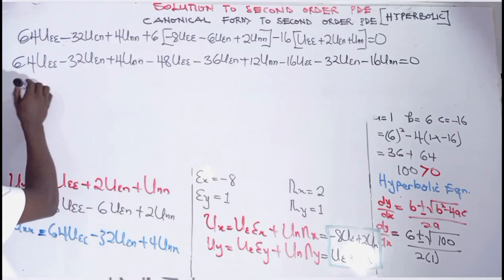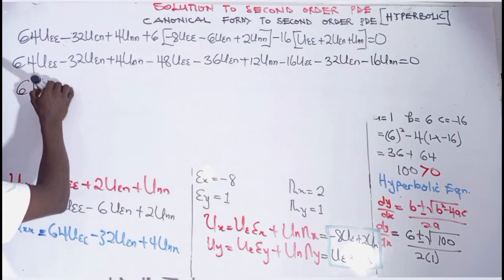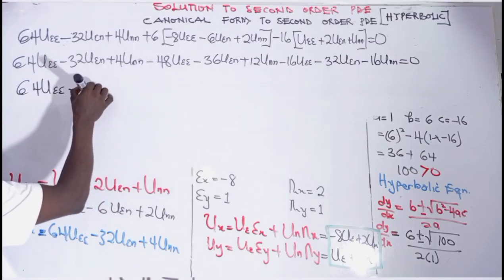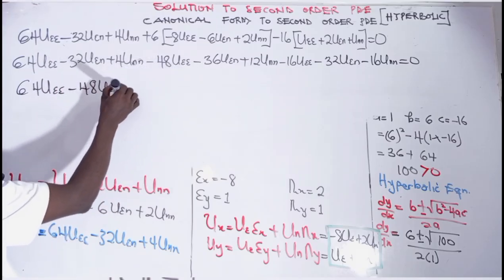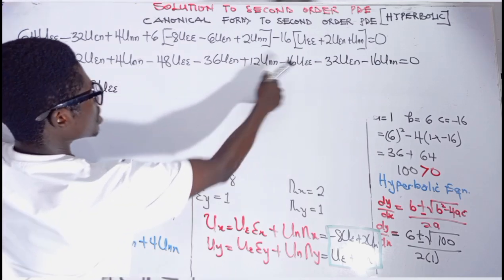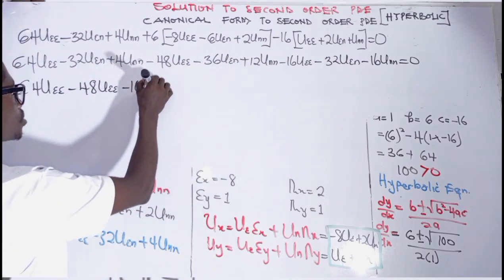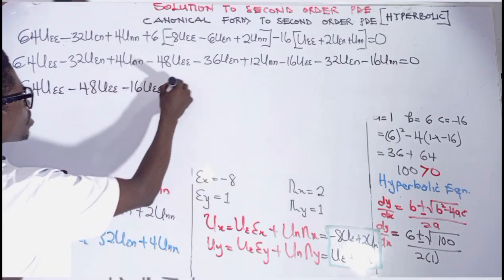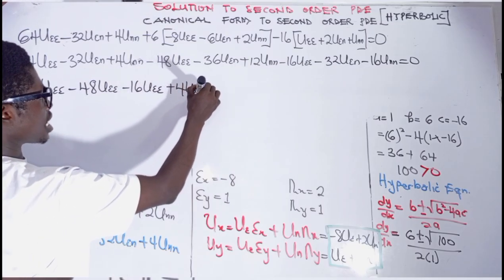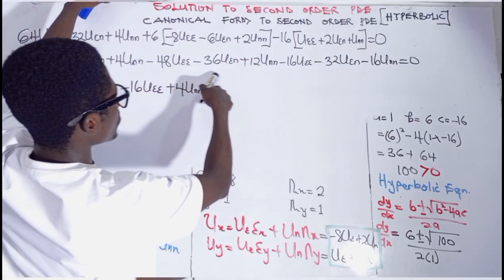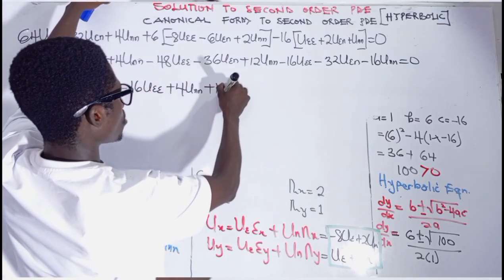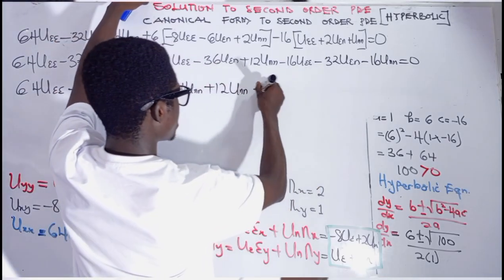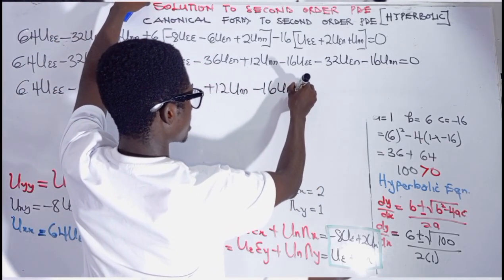So from here, let's do some grouping to see if some of the terms can cancel out. Let's start with u xi xi. So we have 64 u xi xi, we have another negative 48 u xi xi, then we have minus 16 u xi xi. Then let's move on to the eta eta. We have 4 u eta eta, plus 12 u eta eta, then minus 16 u eta eta.